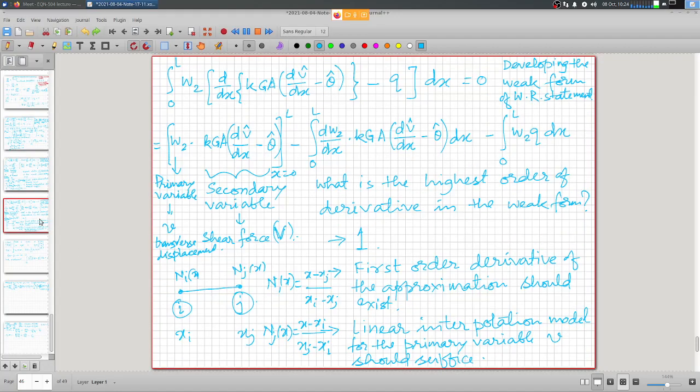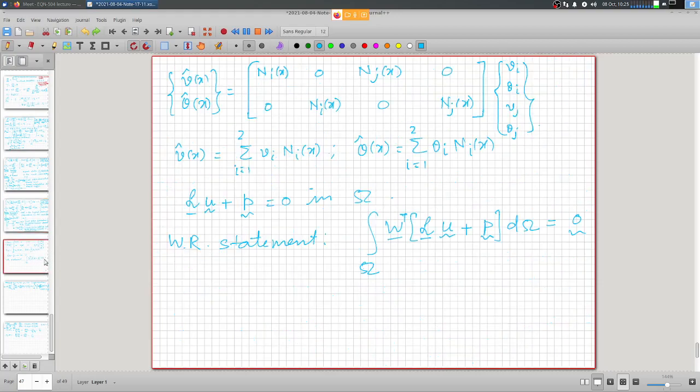Similarly for V, the transverse displacement, again the highest order of derivative is 1, and therefore linear interpolation in V should suffice, derived by linear interpolation between the two values at nodes i and j. So V at node i and V at node j, and by interpolating between these two values we get a linear variation for V, and that provides the basis.